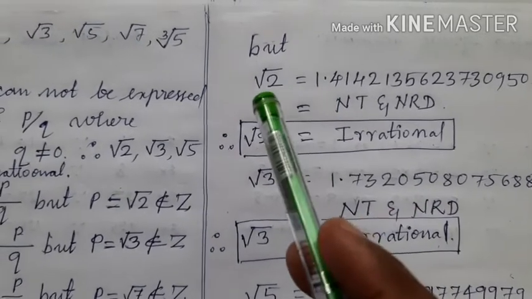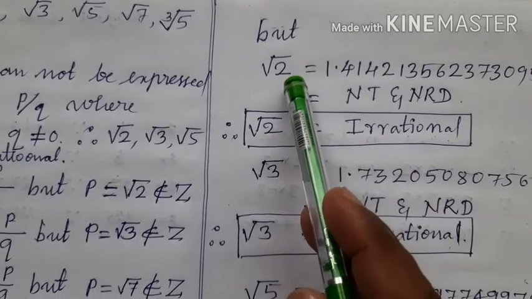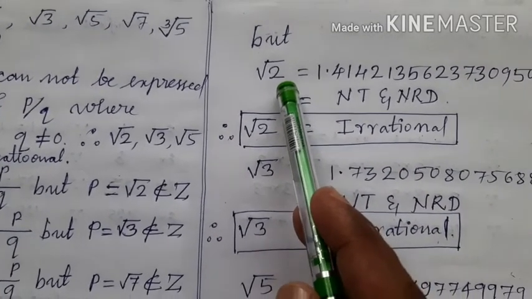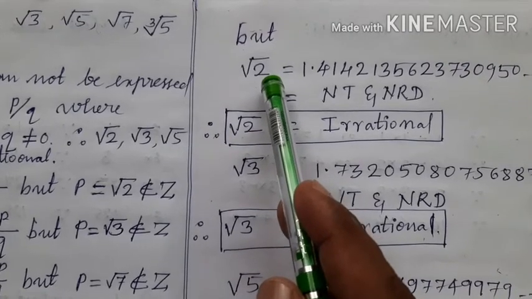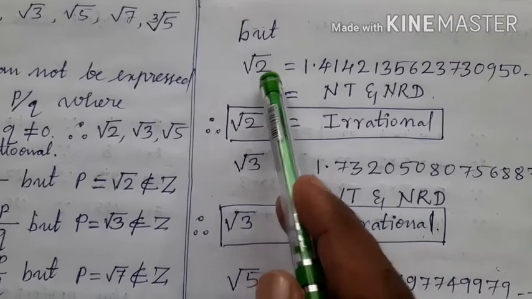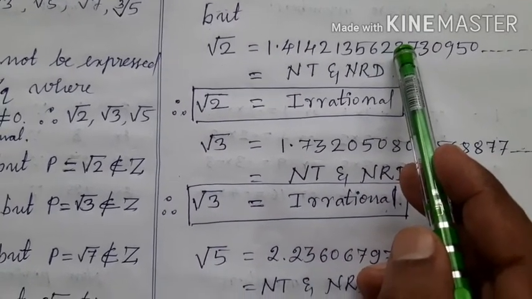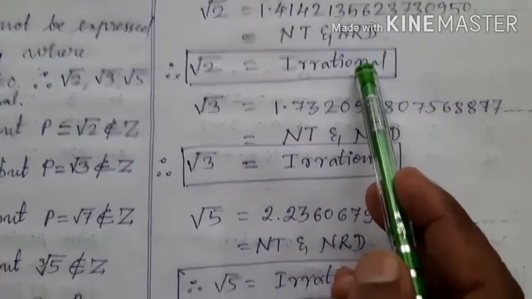See here. Here is also a square root mark. Under the square root here there is 2. But the value of the number written under the square root mark is a non-terminating and non-repeating decimal here, which is irrational.